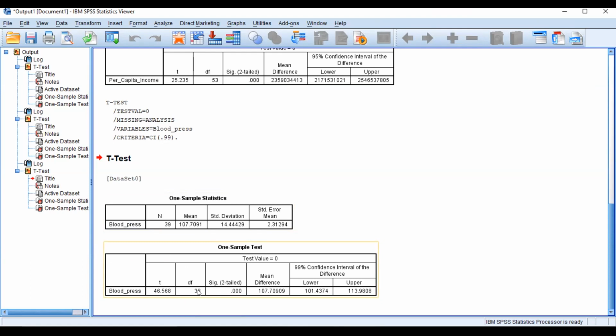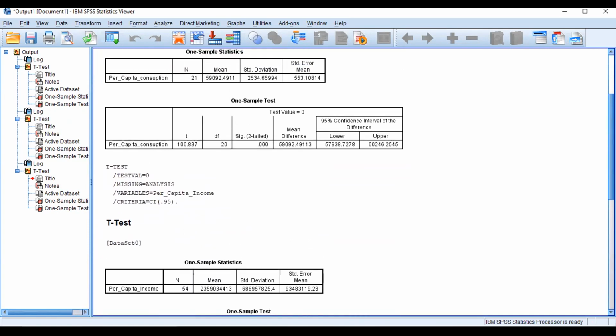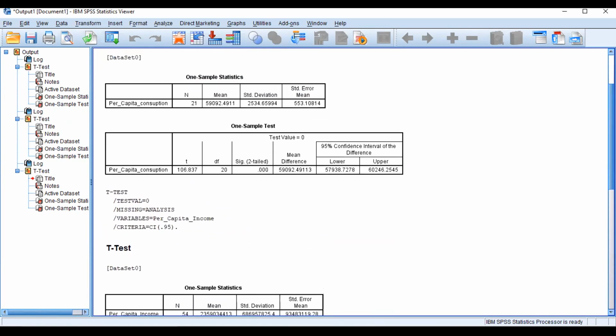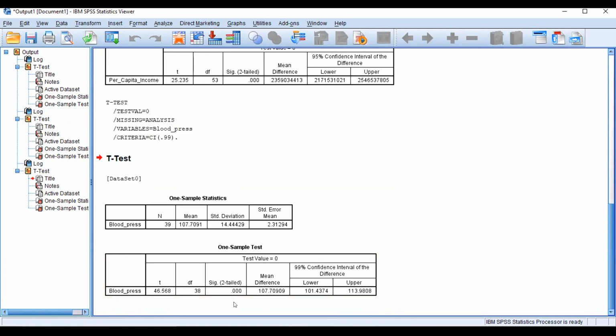Okay, null hypothesis. Again, I'm repeating my null hypothesis, and as it is measured at 99%, this p-value will be compared with 0.01 instead of 0.05. Unlike the previous ones, in both examples we examined our hypothesis at 0.05, but here we examine our hypothesis at 0.01 because it is 99%.